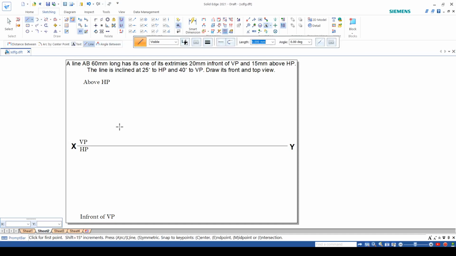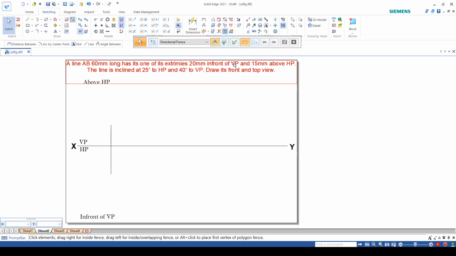So how would we draw it? First, it's given that it's one of the extremes, so we first mark a point A, since we don't know the whole question yet. Now it's given that one end is 20 mm in front of VP.